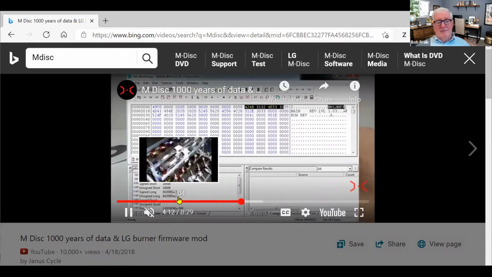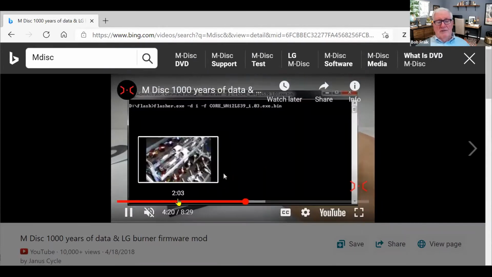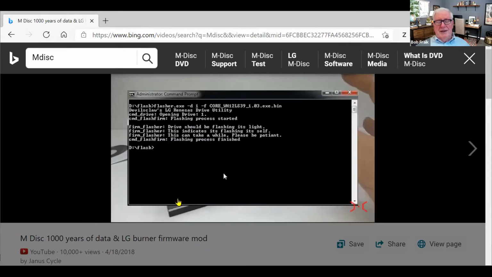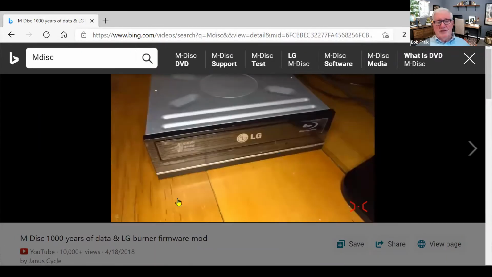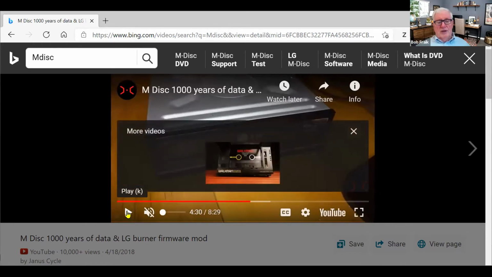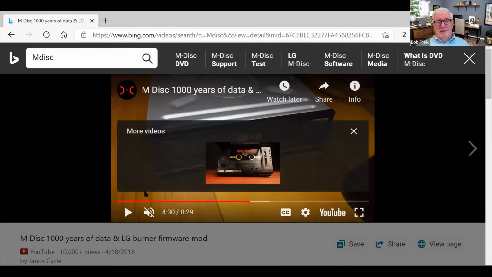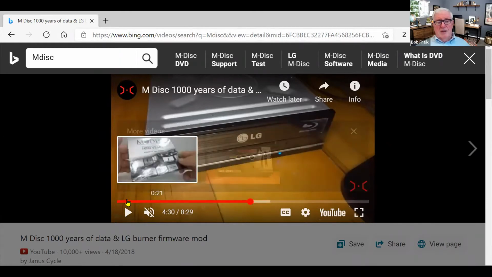The M-Disc also has one for Blu-ray, and that has a capacity of about 25 gigabytes, as compared with the 4.7 gigabytes that you have on the normal DVD. But again, that would require somebody to have a Blu-ray player to make it usable.